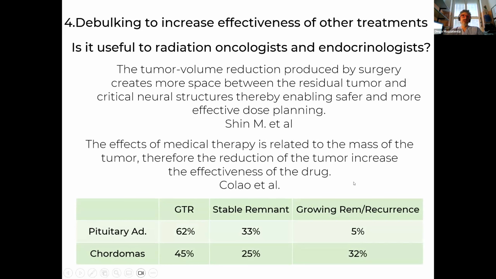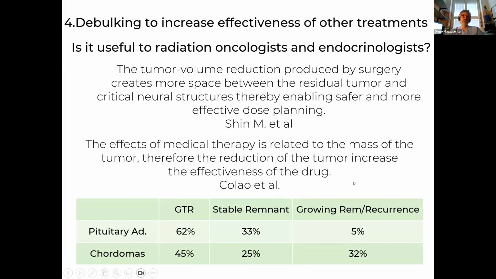This is our experience: planning a gross total aggressive surgery in the cavernous sinus could be useful for the endocrinologist, for pituitary tumors, and for the radiation oncologist in case of chordomas and chondrosarcomas.